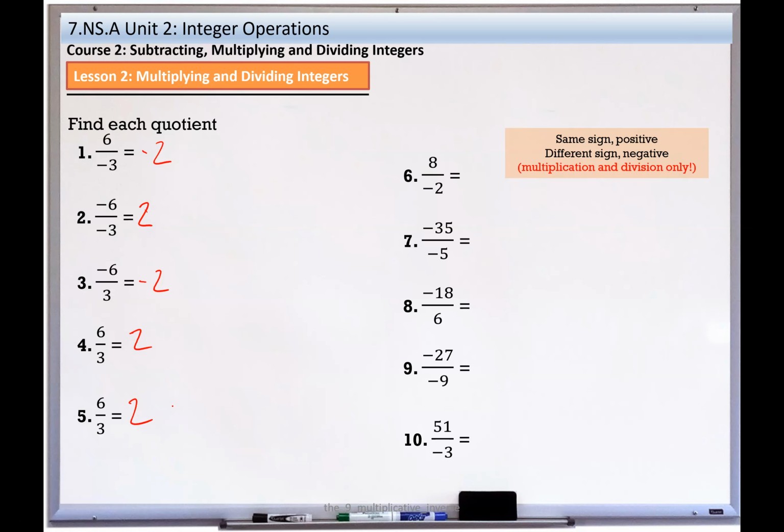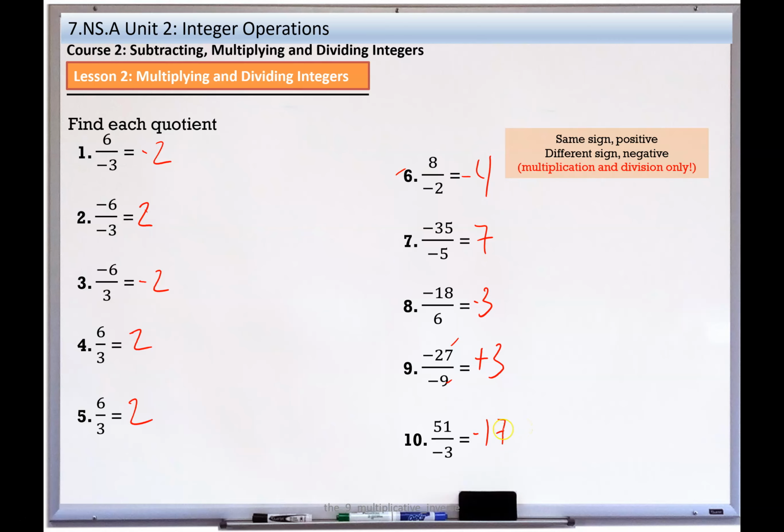Sorry about that. Different sign, number 6, negative. Same sign, positive. Number 8, different sign, negative. Same sign, positive. Different sign, negative.